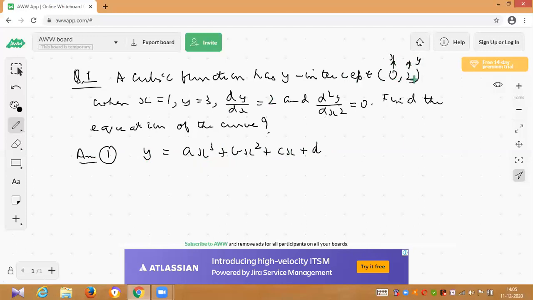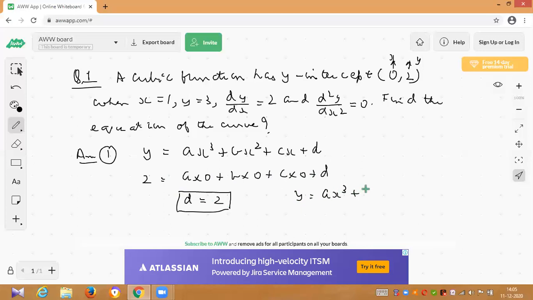So if I put x as 0 and y as 2, my equation becomes a into 0 plus b into 0 plus c into 0 plus d. So clearly the value of d is 2. My new equation becomes y equals ax cube plus bx square plus cx plus 2.